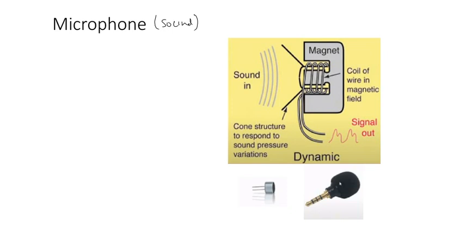If you see the microphone, it looks like this inside. It is almost the same as a speaker. It also has a permanent magnet and an electromagnet, and there is a coil around it. This is a diaphragm.